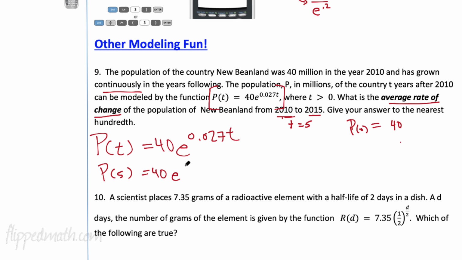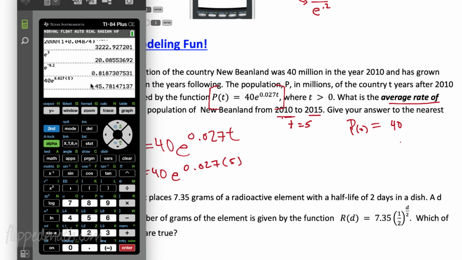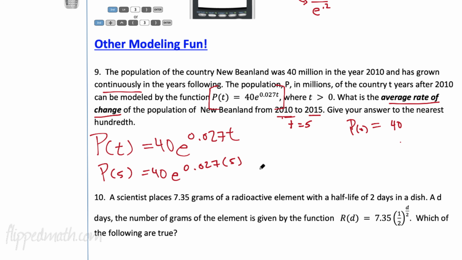I'm just going to write it out here so that everybody's happy with me. I don't do any work in my head or in my calculator without showing. And when I put it in my calculator, I get 45.78. All right, so that's the value of P of 5. So let's write that down. P of 5 equals 45.78. And of course, we know that that's in millions of people, so 45 million people.